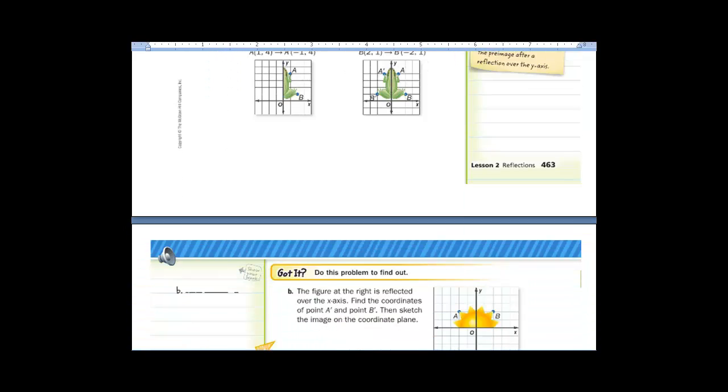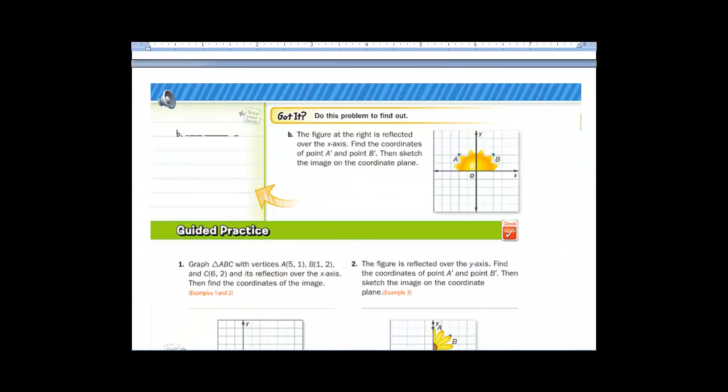Easy enough, right? So now we've got a sun. The figure at the right is reflected over the x. So let's try that again. If it's reflected over the x, then that means it's the y values that change. So the y value here is a +2, so it's going to go down here to a -2. This y value is a +2, it will go down here to a -2.